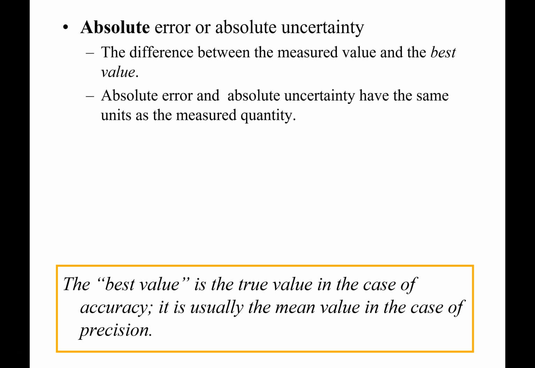So error, how far are you from the real answer? Absolute error is the easiest. Let's just say you knew the boiling point temperature of water was 100.00 at this particular atmospheric pressure.